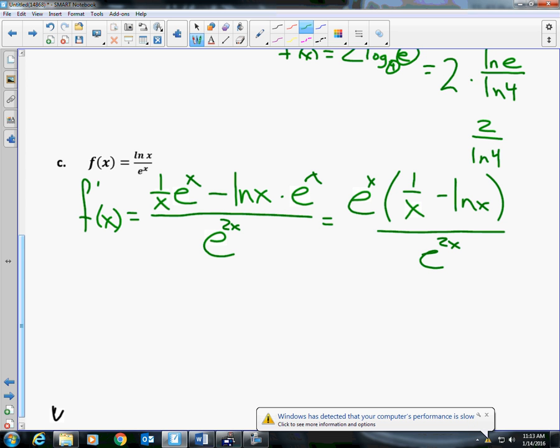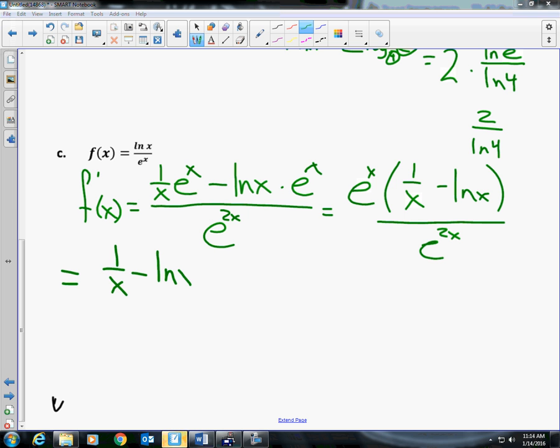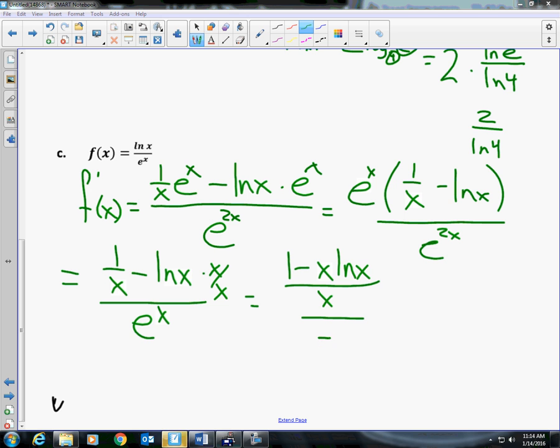Okay, what do you notice? Yeah, you can cancel out one of the e to the x's, can't you? So we end up with 1 over x minus the natural log of x over e to the x. Still have my fraction issue. So I have to make one fraction. I have to find common denominators, so I'll multiply the top and bottom of this guy by x, and I get 1 minus x natural log of x over e to the x over 1.